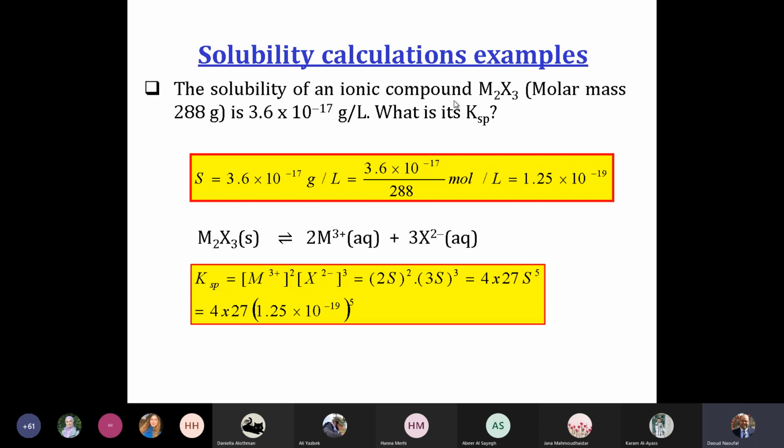So we have to transform the mass concentration to the molar concentration. What are the steps in this exercise? First of all, you have to write correctly the dissociation of the M2X3 solid, which will dissociate partially: 2M 3 plus and 3X 2 minus.